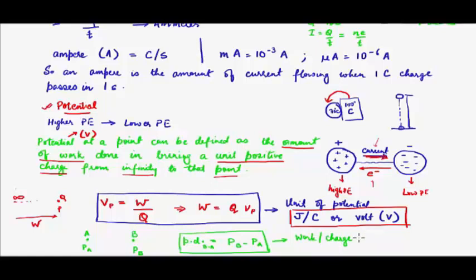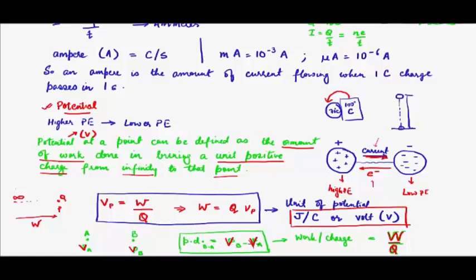Therefore, the formula will be similar to W upon Q, the work per unit charge. And though I have written here PA and PB, I should have ideally written it as, let me rectify it, VA and VB, because potential is defined by a V rather than a P. Okay, so VA minus VB will be work done to move it from the A point to B point upon how much charge is being moved.